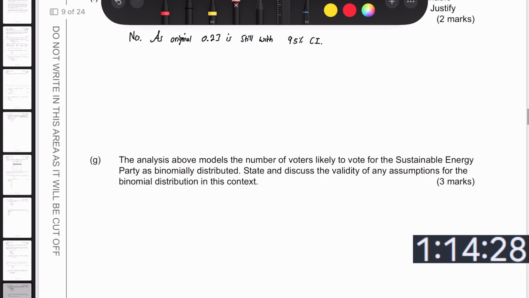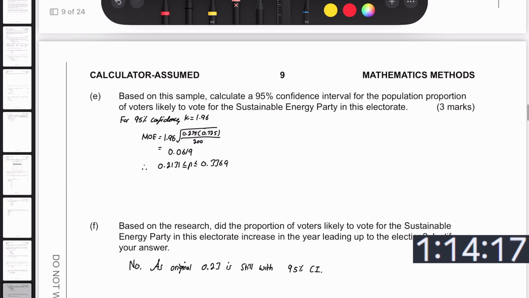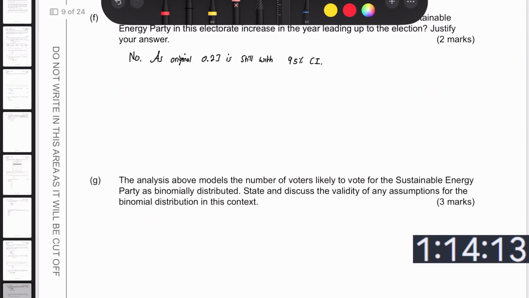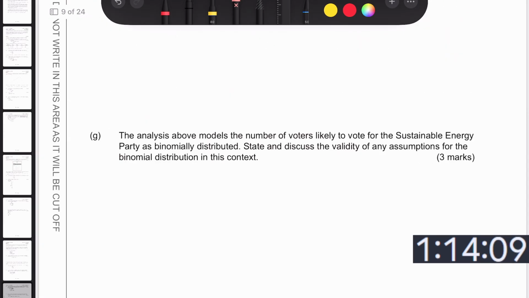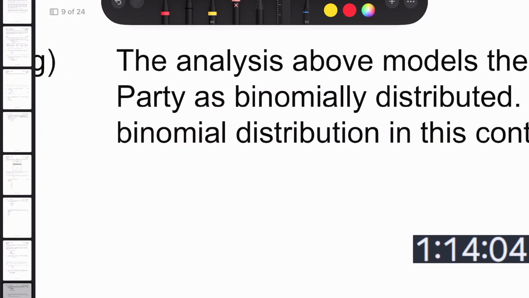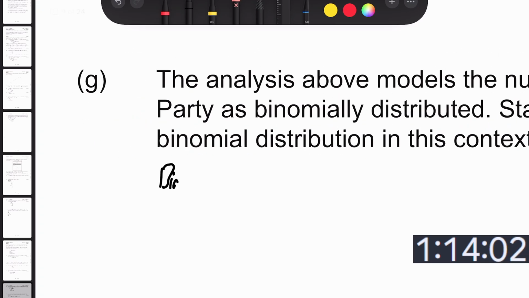The analysis above models the number of voters likely to vote as binomially distributed. Discuss the validity of any assumptions for the binomial distribution in this context. So the binomial distribution is discrete. Let's talk about what the requirements are.